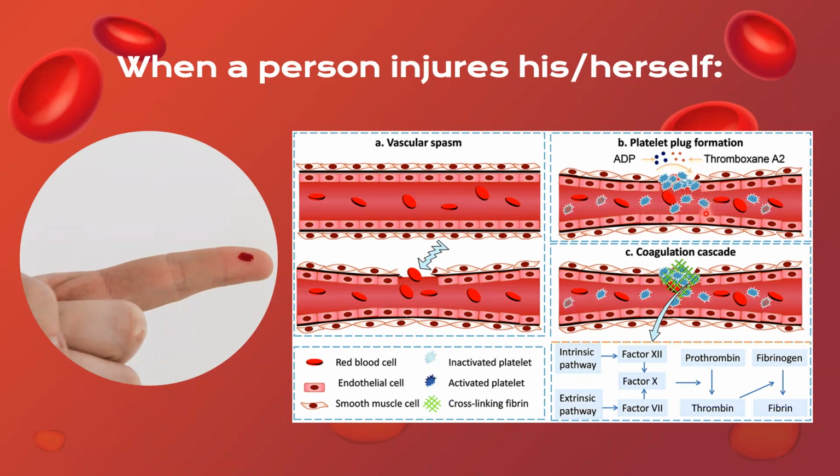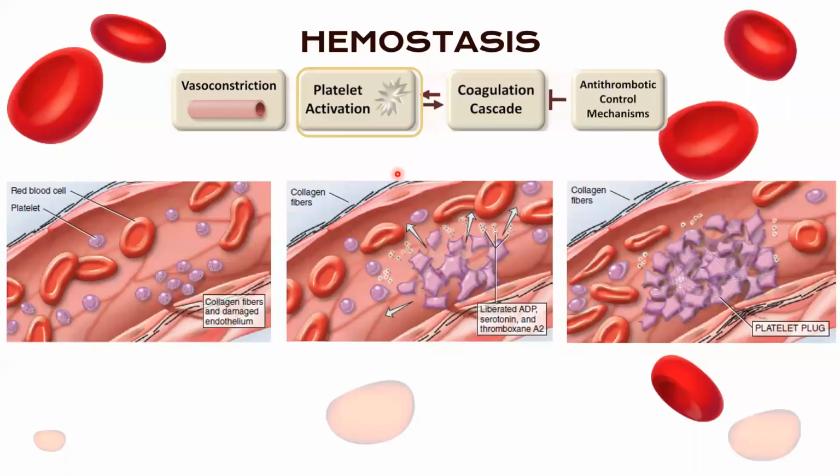And then because of the coagulation cascade that happens through the different factors, intrinsic and extrinsic, there would be a formation of thrombin for the decrease in blood loss.